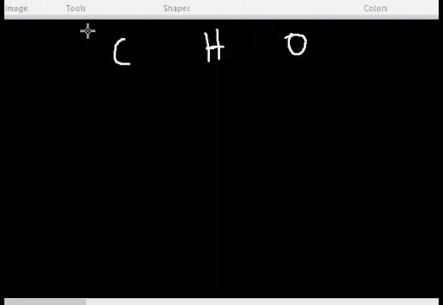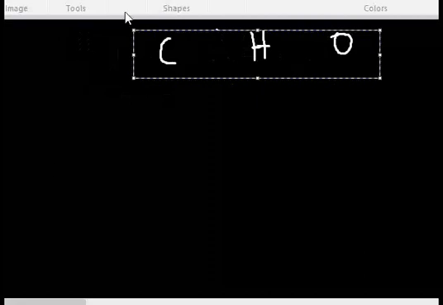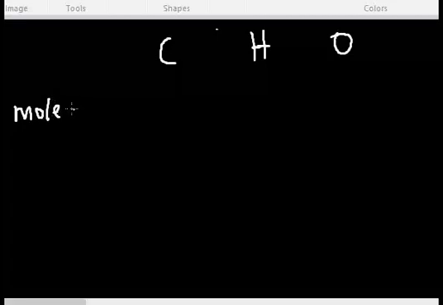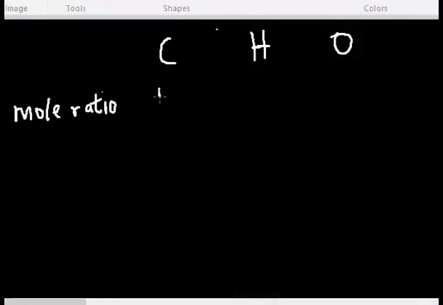Okay, so I need to get their mole ratio. Remember, I need the mole ratio. So what is the mole ratio? The percentage abundance of carbon is 40, so that's going to be 40 divided by 12.